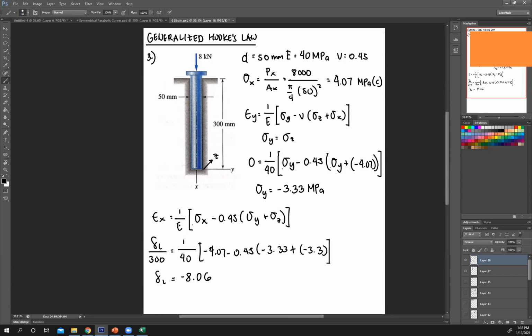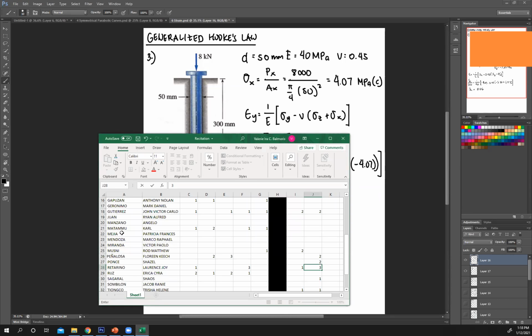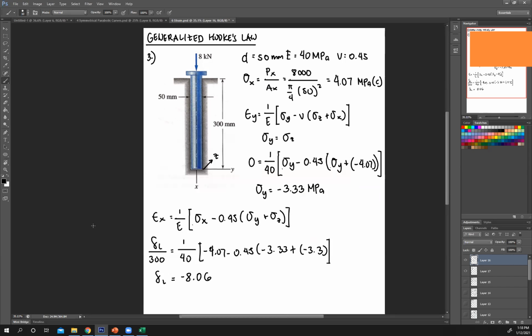Okay, Carl. So it's negative 8.06, therefore final answer 8.06 millimeters. The negative sign just means it's in contraction or compression. Okay?